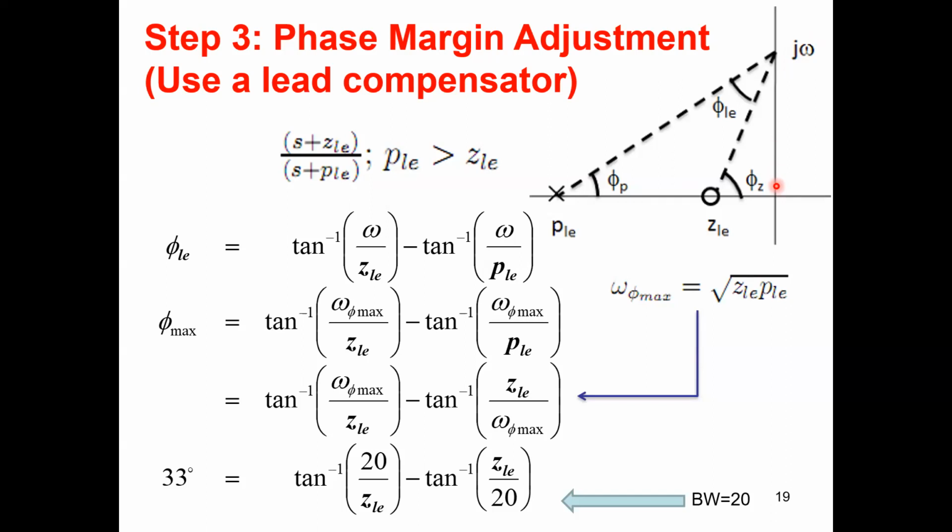You can look at that diagram, the triangle, and when you bring this point down here, closer to the origin, what will happen to these two angles? Nearly 0. Both angles will approach 0, which means the difference is also 0, right? So the lead compensator will not add any phase for low frequency signals.